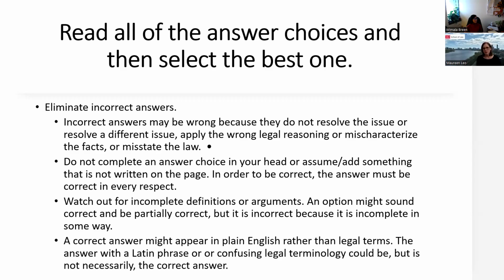Do not complete an answer choice in your head or assume something that's not written on the page. The answer has to be correct for every aspect of the question. Watch for incomplete definitions or arguments. An option might sound correct and it might be kind of correct, but it's still an incorrect answer because it's incomplete in some way that is telling to the examiner.